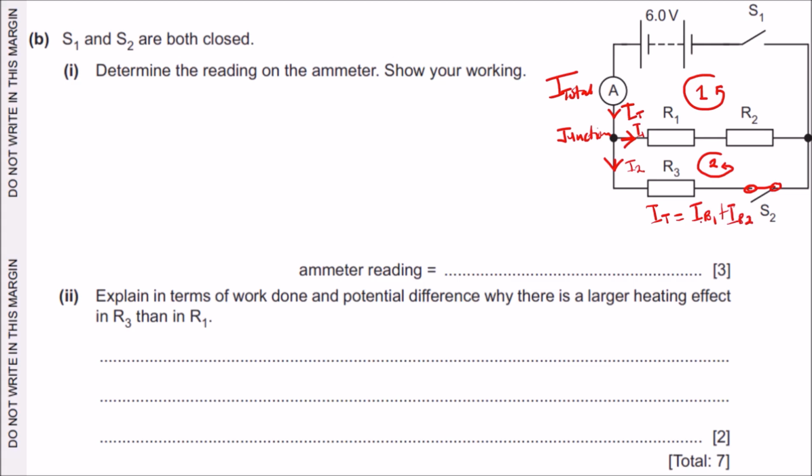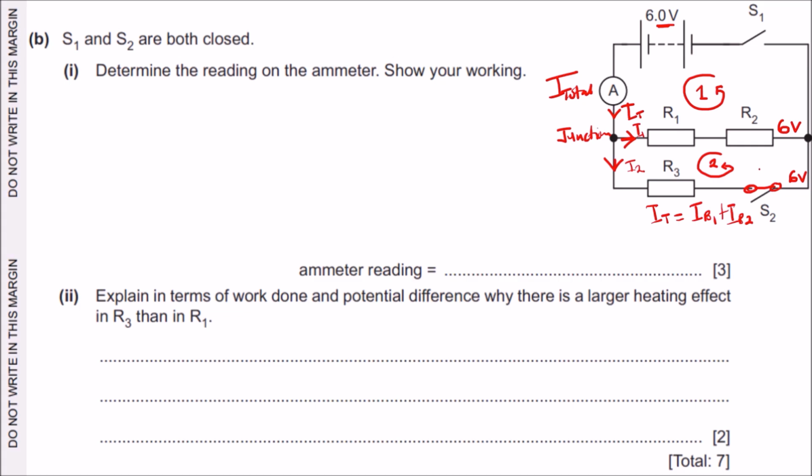That's the first thing we need to note. The second thing we need to note is voltage is not divided in parallel. In other words, the voltage of the source is equal to the voltage of this branch, which is 6 volts, and the voltage of this branch also, which is 6 volts, because voltage is not divided.